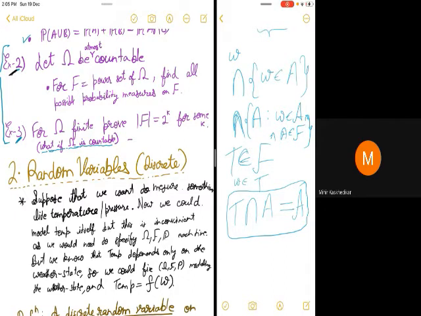Because A is the intersection of all those sets that contain omega. So if T contains omega, then T intersection A has to be A.